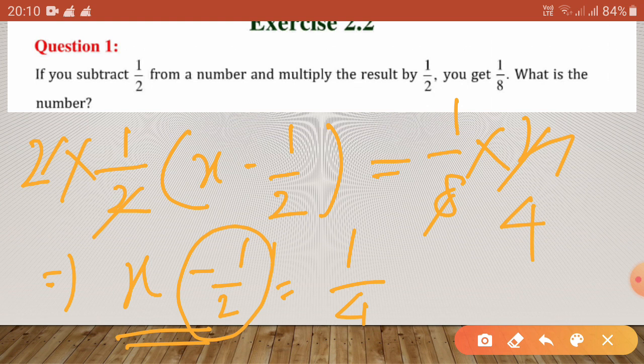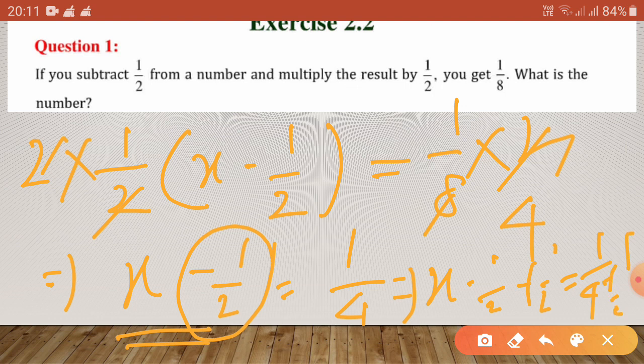Again we have to omit this value. So how can we omit it? To omit this value we have to add 1 by 2 on both sides. So x minus 1 by 2 plus 1 by 2 equal to 1 by 4 plus 1 by 2.